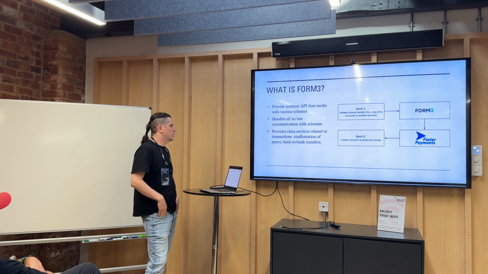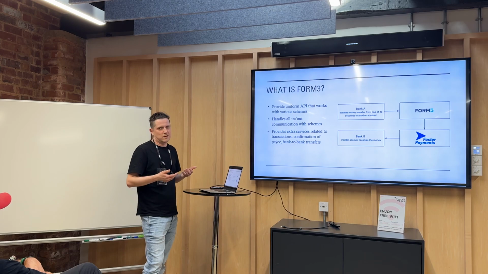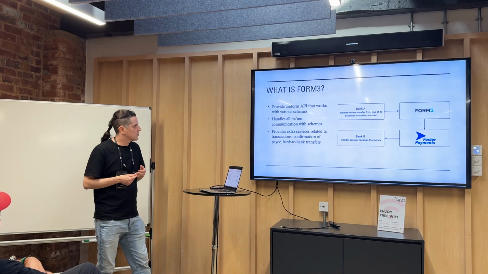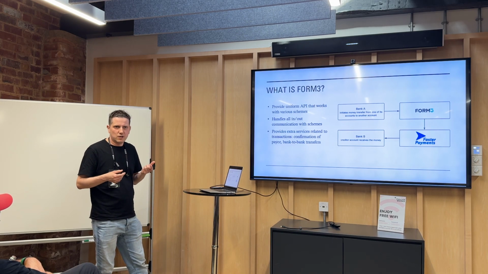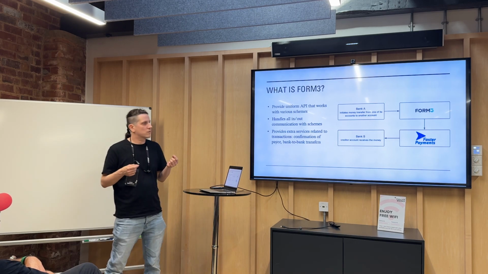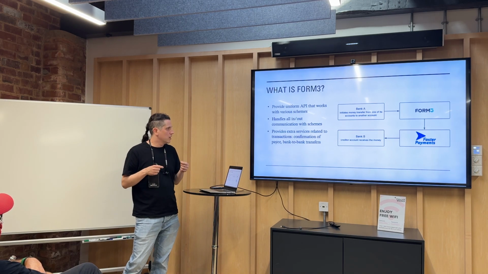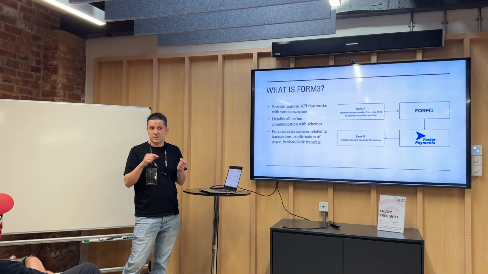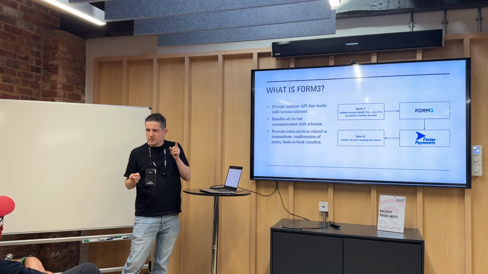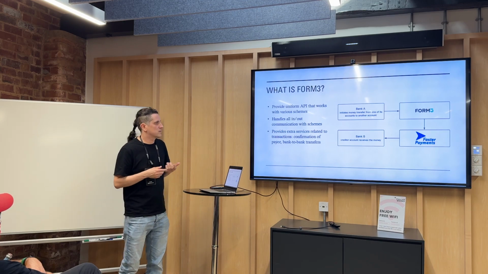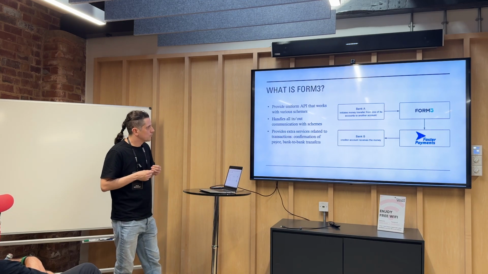It also provides certain extra services on top of that, for example, confirmation of payee. These days whenever you make a transfer, you have to fill out the payee details like first name and last name, and it matches the account with the name. This is something my company does.